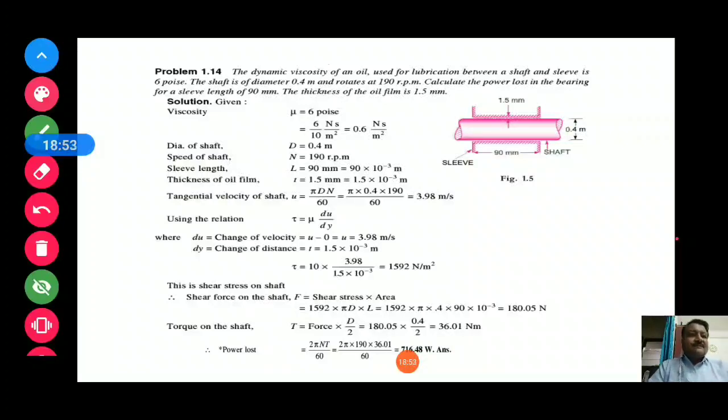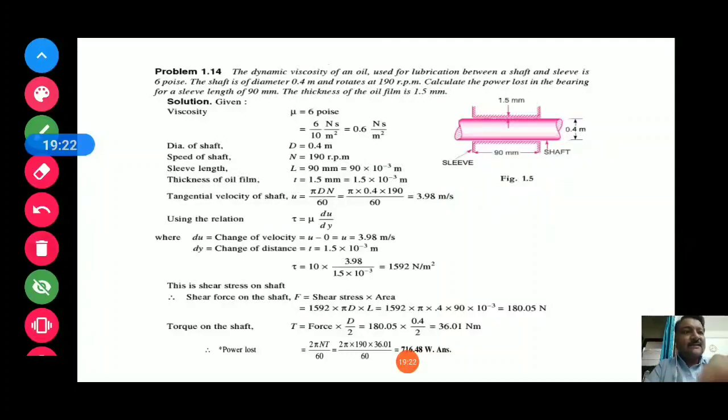Now see, try to understand the problem. There is one shaft, and that shaft is placed in the sleeve, and on the sleeve there is a bearing. This is a shaft having a diameter of 0.4 meter, and this is the sleeve, and the sleeve length is given as 90 mm.